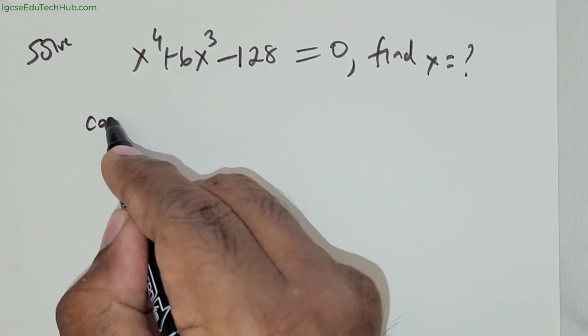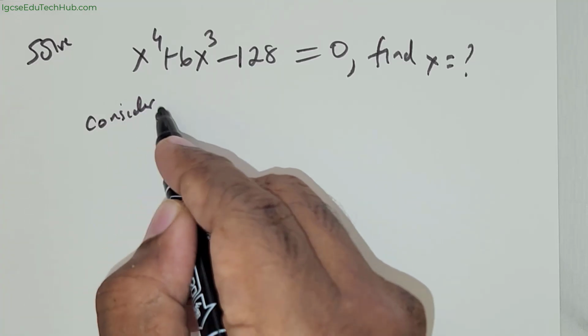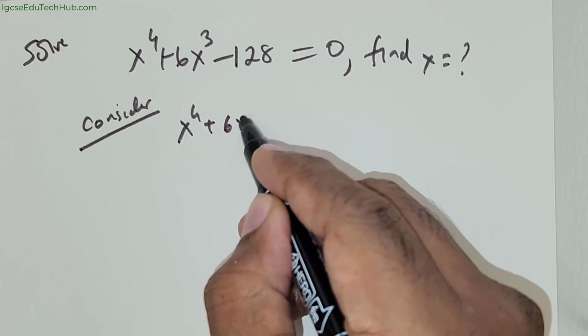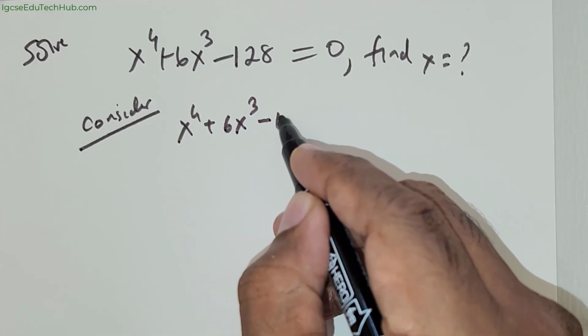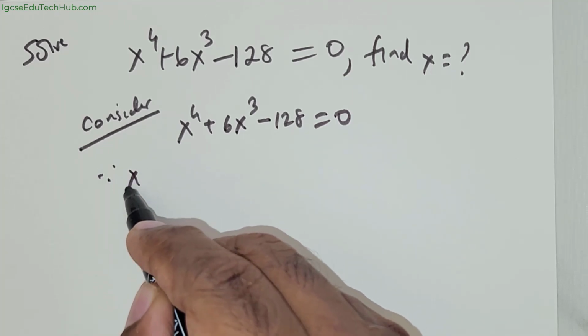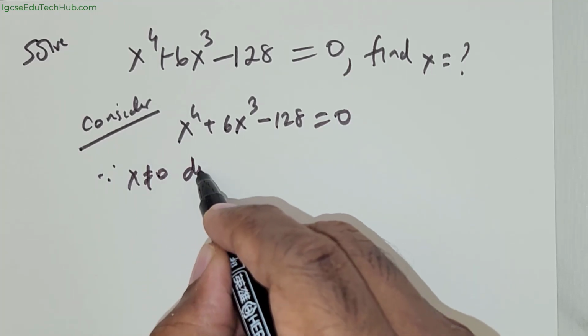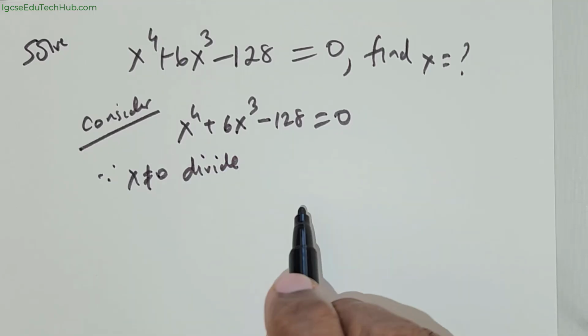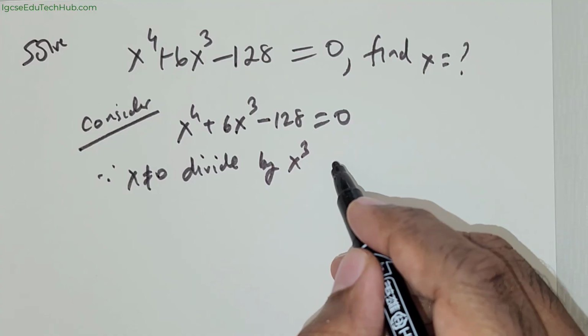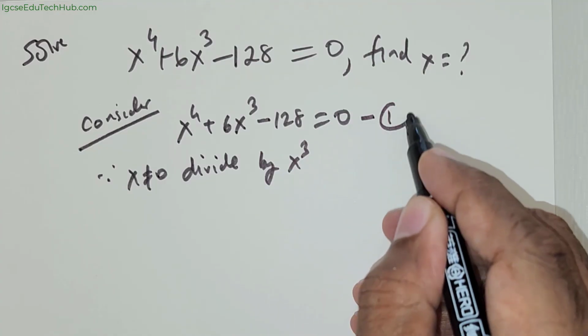Now let me consider the given x to the power of 4 plus 6 times x cubed minus 128 is equal to 0. Clearly x is not equal to 0, so I will divide the entire equation by x cubed. Let me take this as 1.